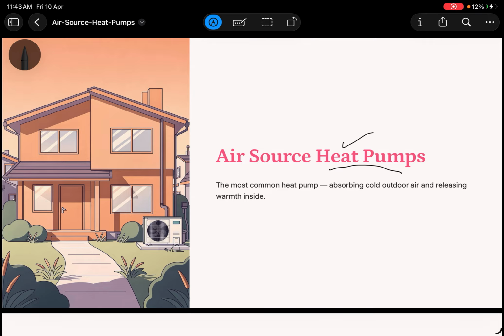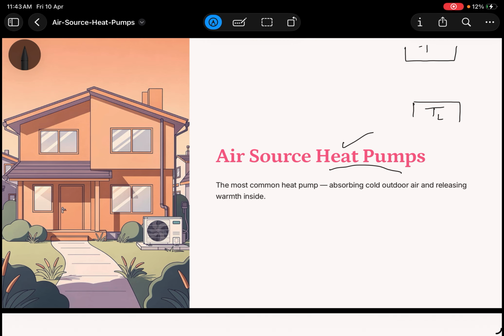A heat pump, as the name indicates, would pump the heat from a lower temperature reservoir to a higher temperature reservoir. Suppose we indicate the lower temperature reservoir by TL and the higher temperature reservoir by TH.